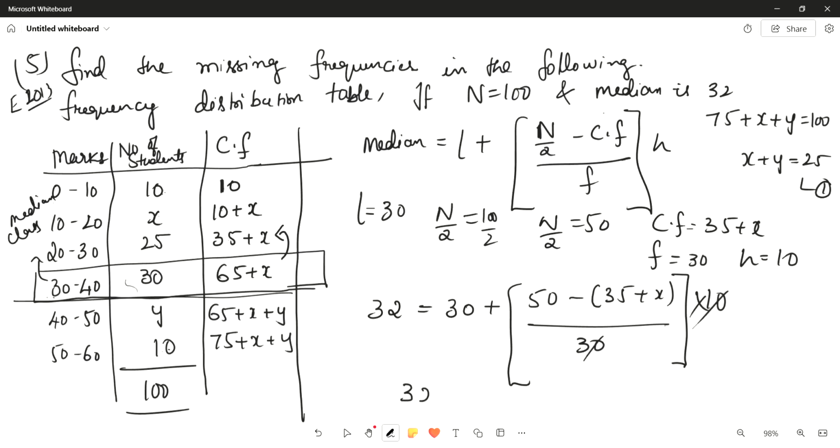Now 32 is equal to 30 plus 50 minus 35 minus x, no, it is not plus, divided by 3. 50 minus 35 is 15. 15 minus x by 3.